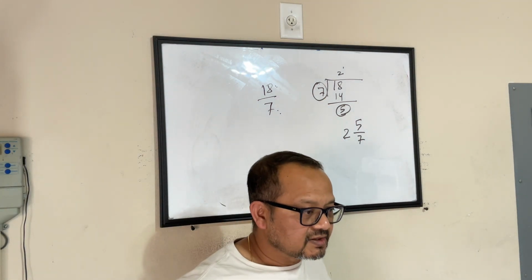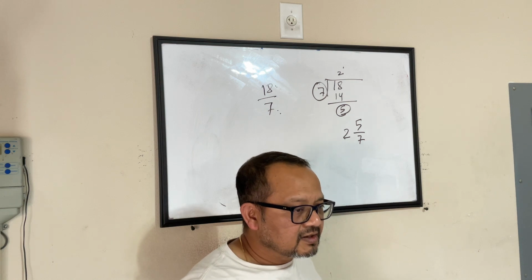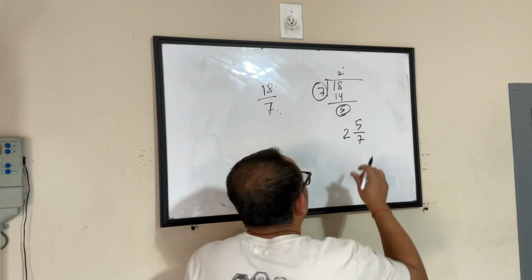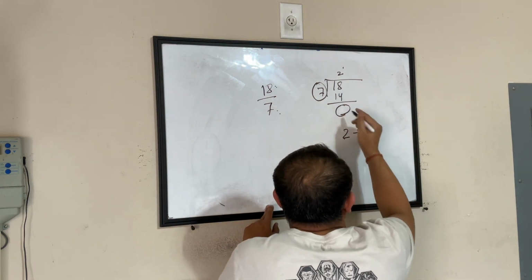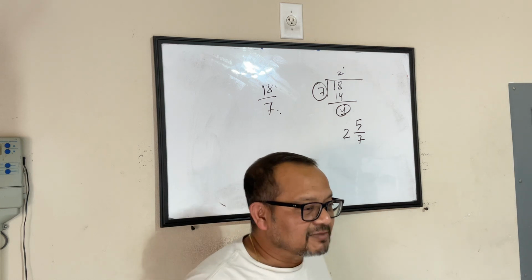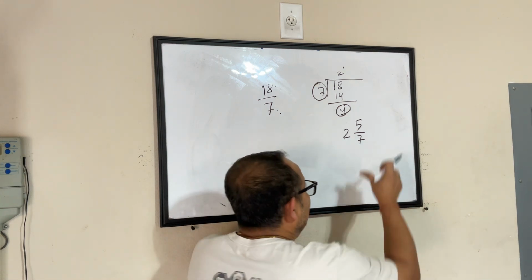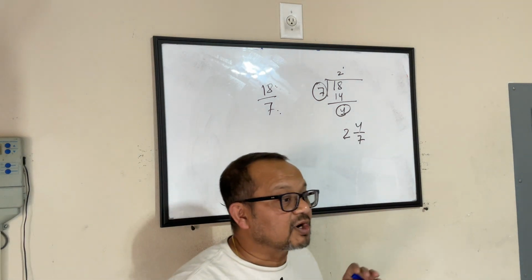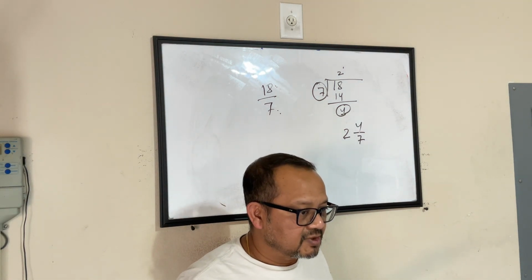Yes, Anvi? 18 minus 14 is not 5. Wonderful. It's 4. See? So this is where even the teachers learn something from the students. And good that you noticed that, because this is what we all do, even in exams.